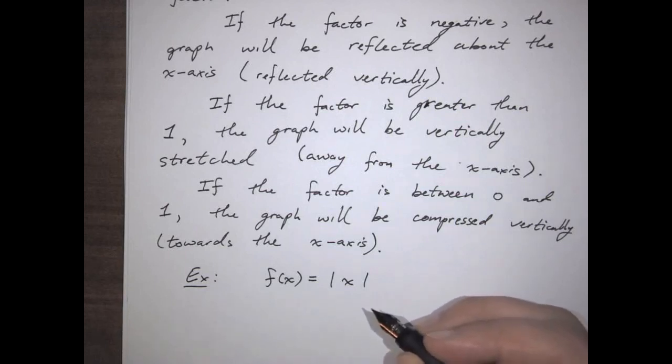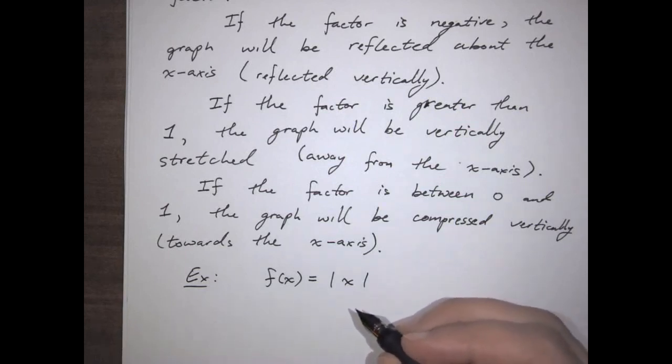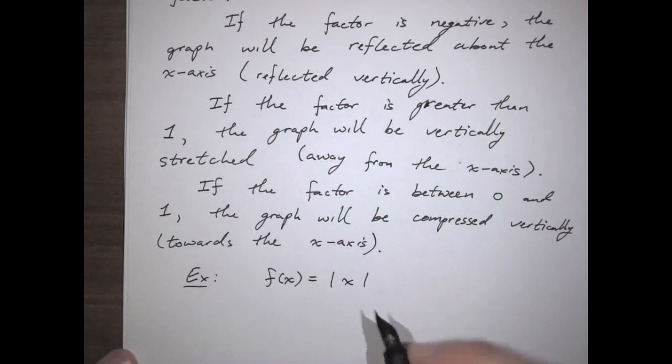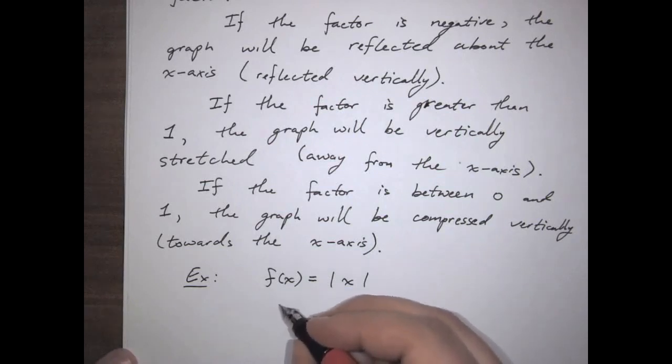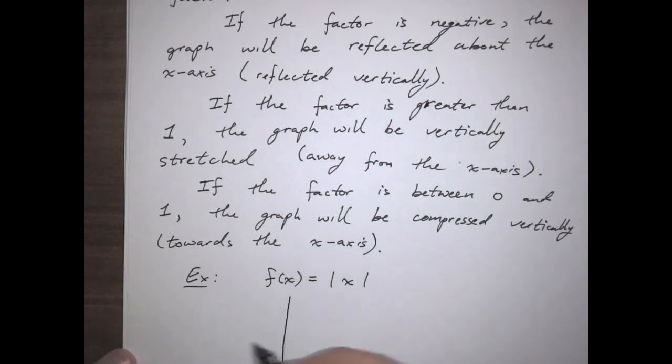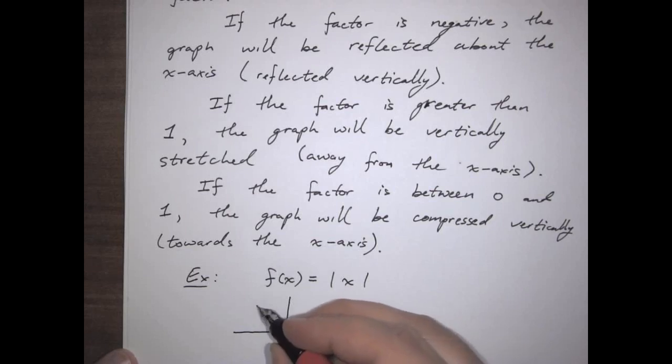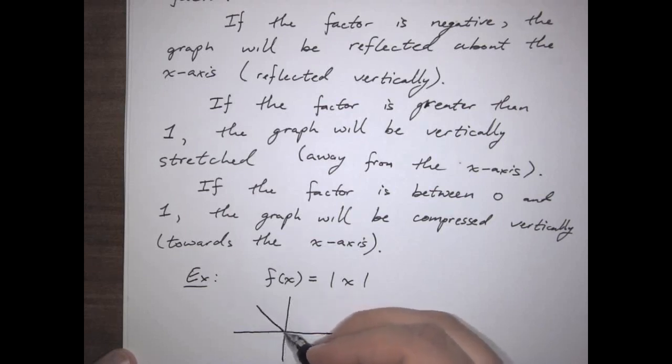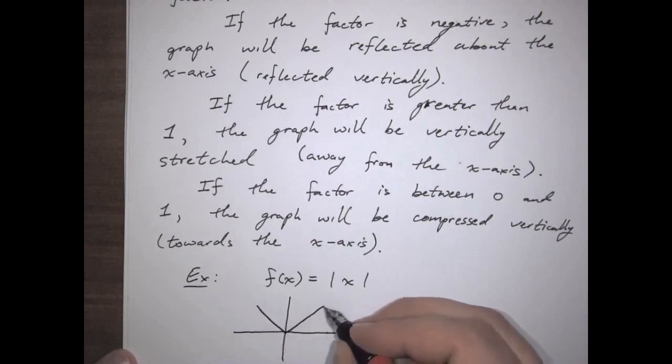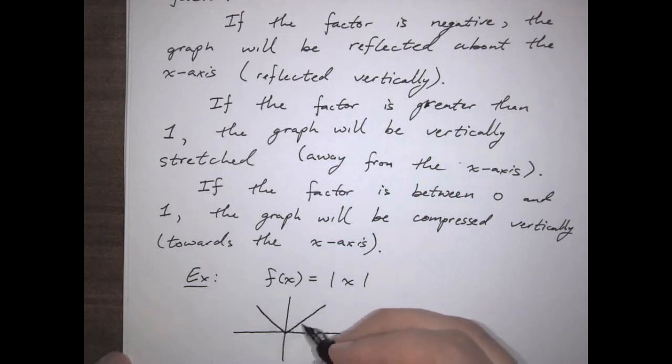But this time, we're going to make a careful note of some of the important points so that we'll be able to watch the stretches and such happen. One thing that's important to know about the absolute value is that the slope of each of these segments is 1 and negative 1.